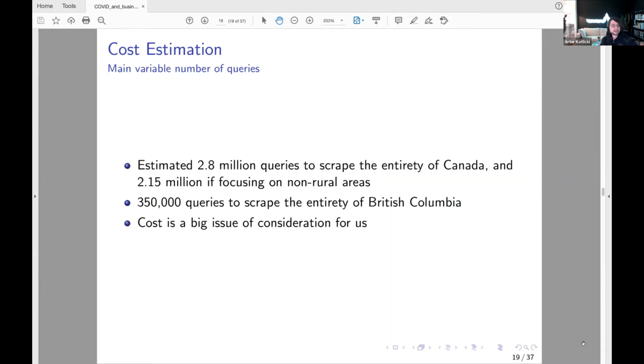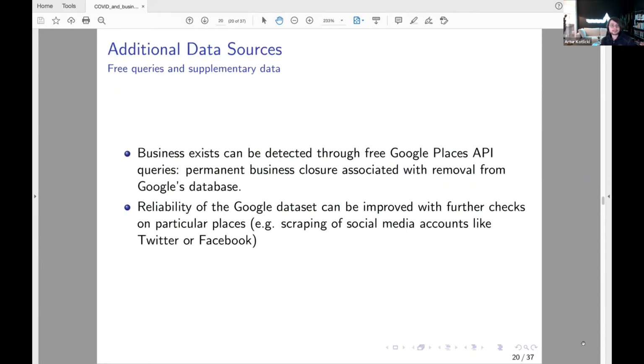Let me go to the next slide and say that there are ways we can tackle this. One way is, for example, the free version of the Google Places API query, where we can find just the closure of the place, so we can track whether the business is still open.